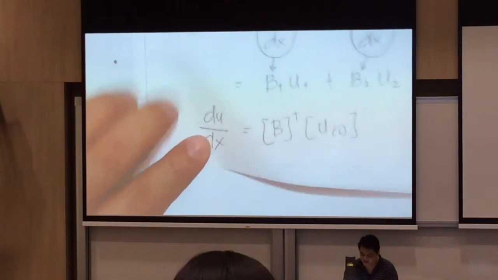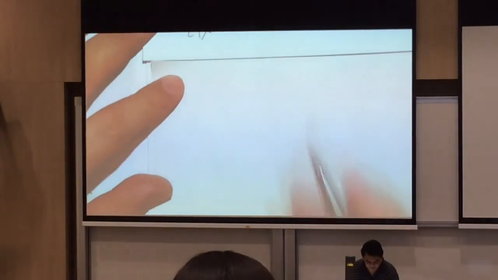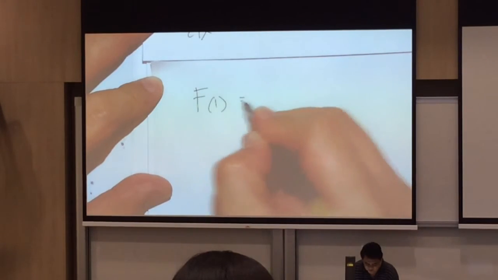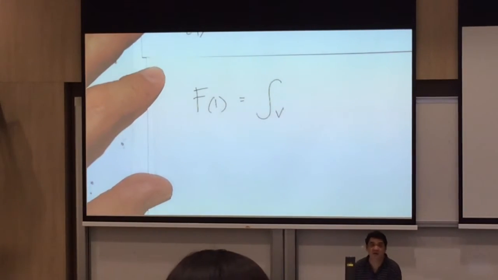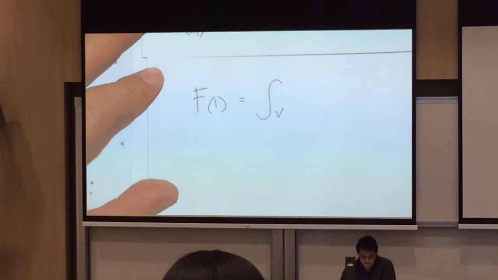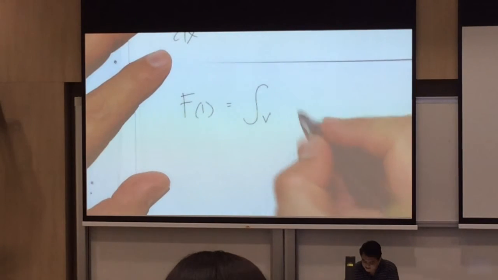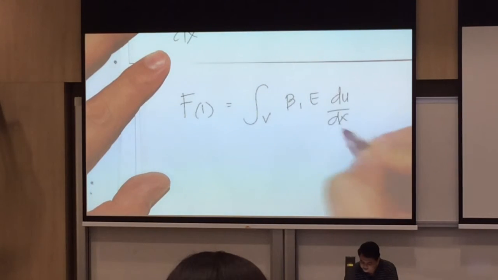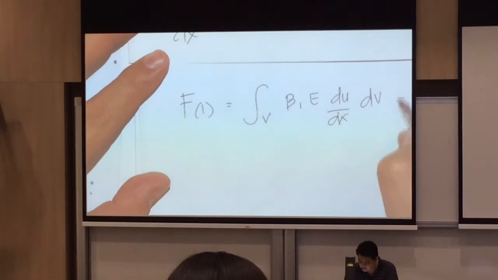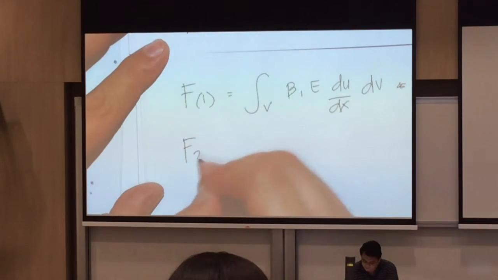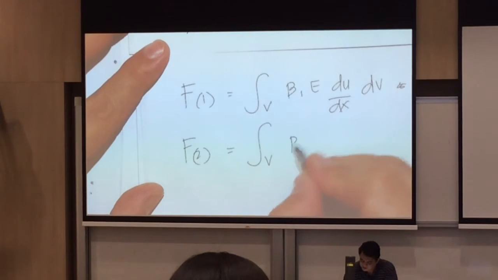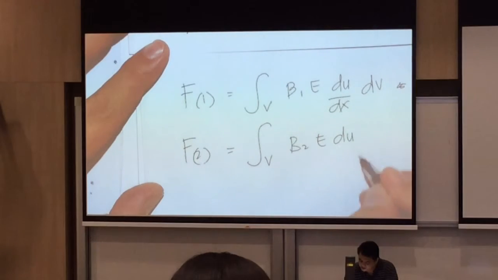I'm going to rewrite now again our equation. F1, I'm just writing out this one in a different form, just changing the left hand and the right hand side. So we have now here F1 equal to the volume integral of B1 E du dx dV. So F2 is equal to the volume integral B2 E du dx dV.